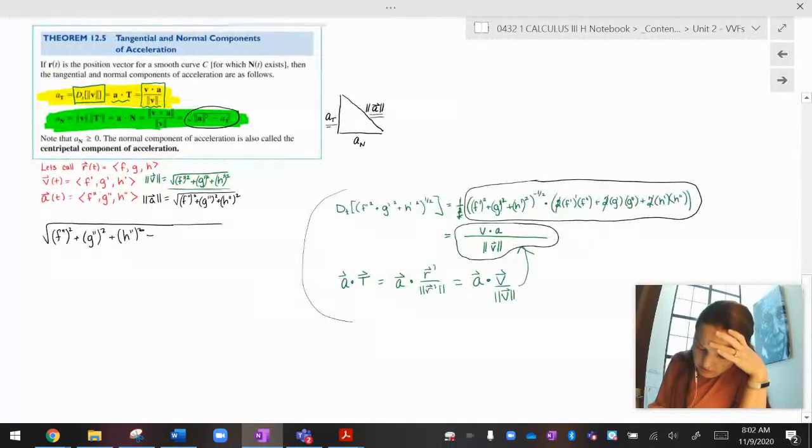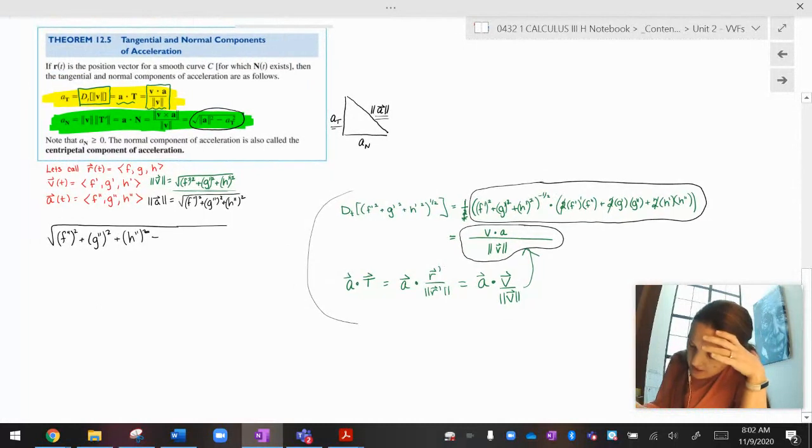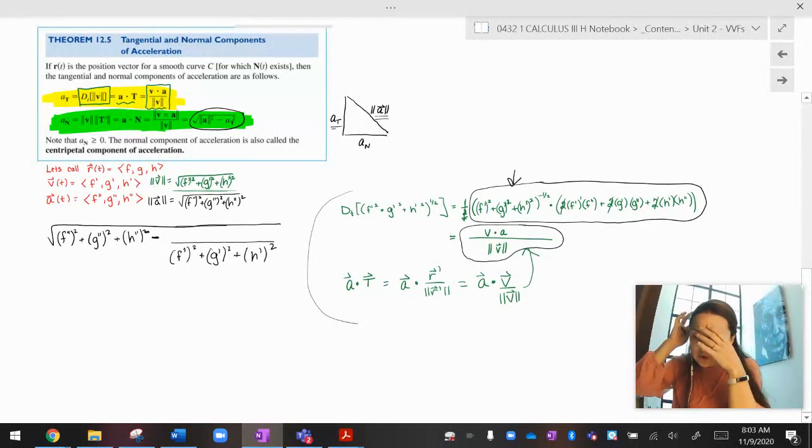So I'm going to come back over here and say A sub t is that mess squared, which is really going to just be f prime squared plus g prime squared plus h prime squared on the bottom, because if I square this piece, it'd just be to the -1.